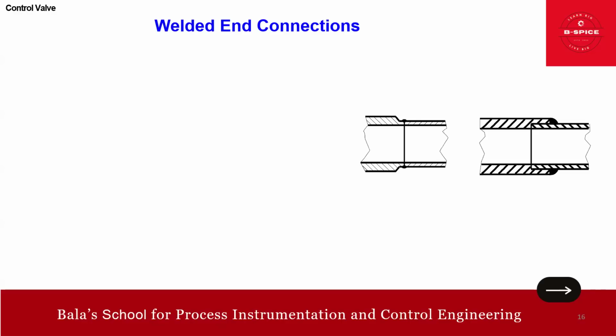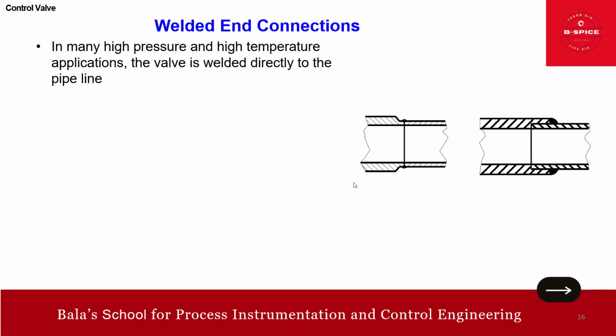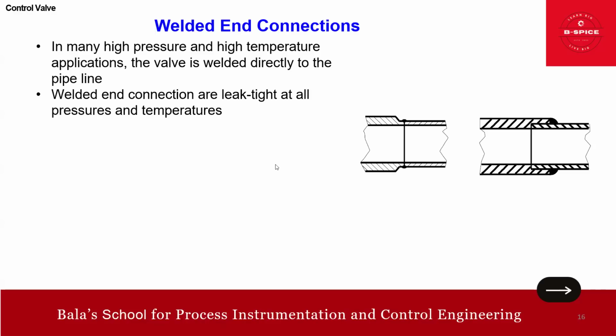Right. Then we talk about the welded end connection, friends. So you can see the typical welded end connection. Where do we use this? See, in many high pressure and high temperature applications, the valve is welded directly to the pipeline. Some people do, especially in power plants, because of the high pressure, 60 bar like that.